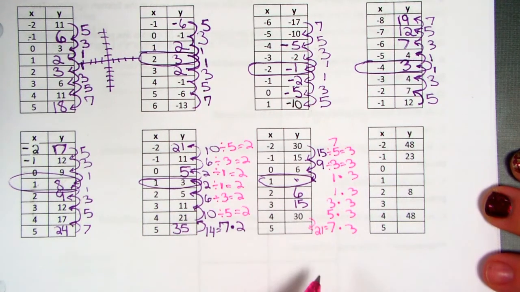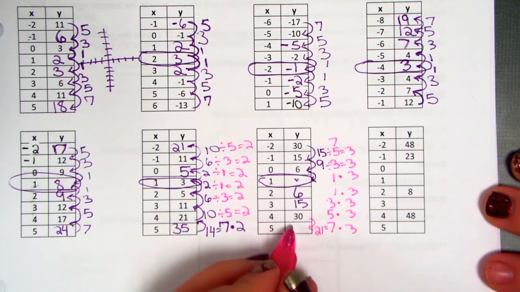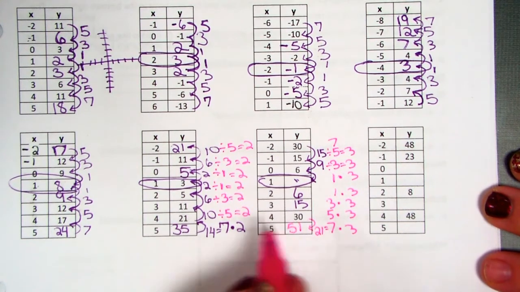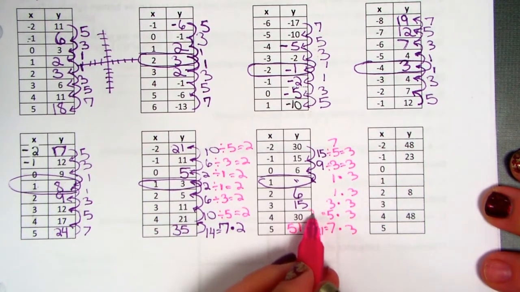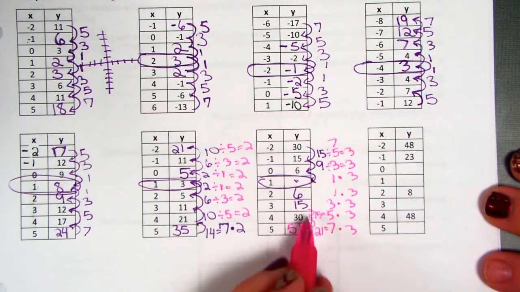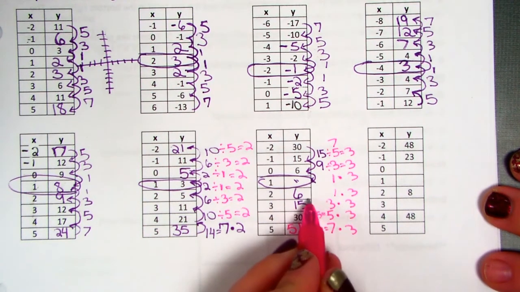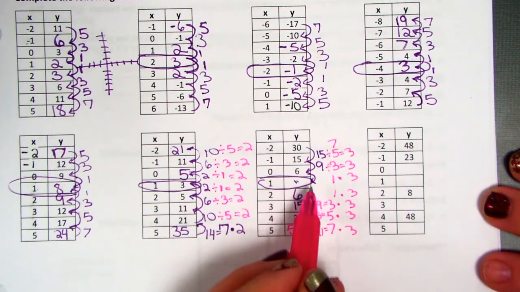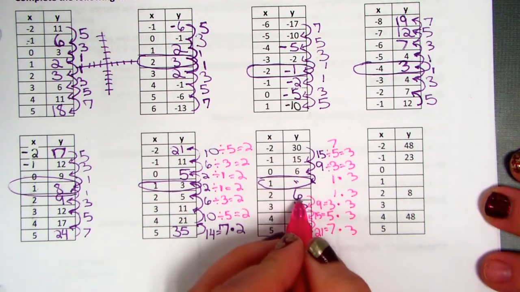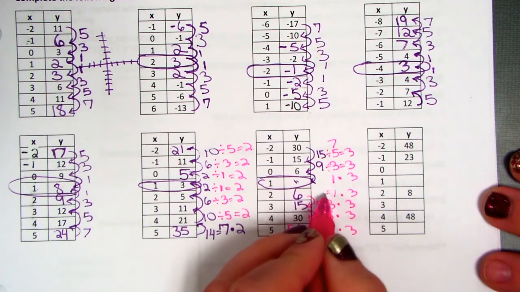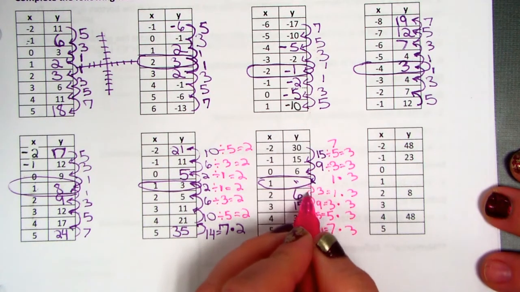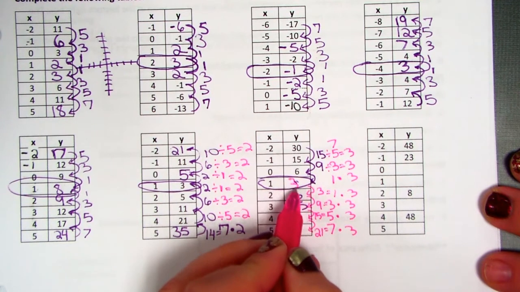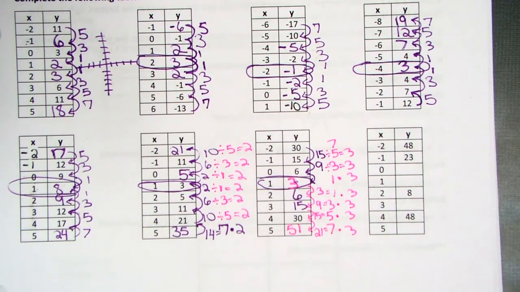The difference between here and here needed to be 15, which it is. The difference between here and here needed to be 9, which it is. The distance between my 6 and my vertex needed to be 3. So my vertex is at 3. It's kind of like filling in a Sudoku puzzle. There's only one way that all the numbers are going to fit, and they have to follow the rules.